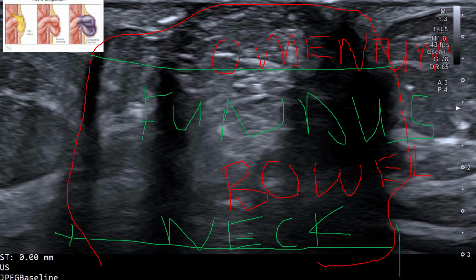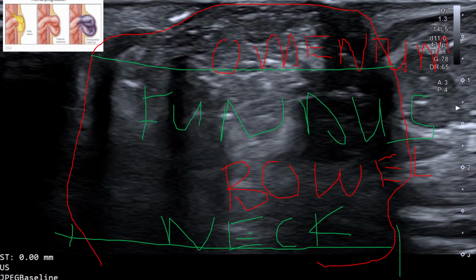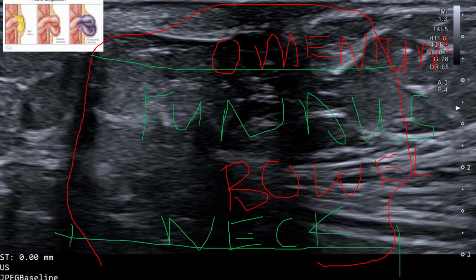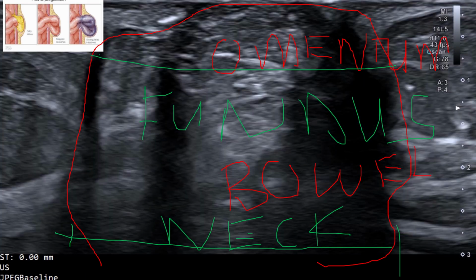You must appreciate how a hernia appears on ultrasound. The other problem of a hernia, like in this case, as you can see, is that it is almost isoechoic.